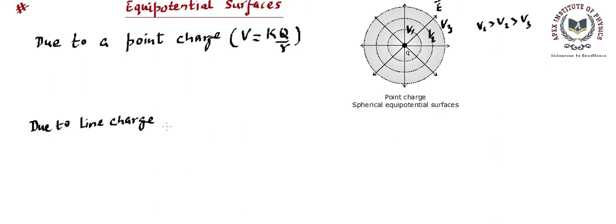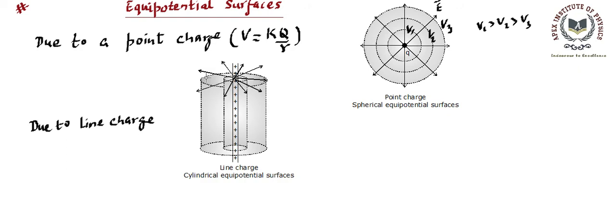So the symmetrical surfaces are going to be cylindrical. So we will have cylindrical equipotential surfaces that we can see in this picture. So due to a line charge, we will have these kinds of surfaces.